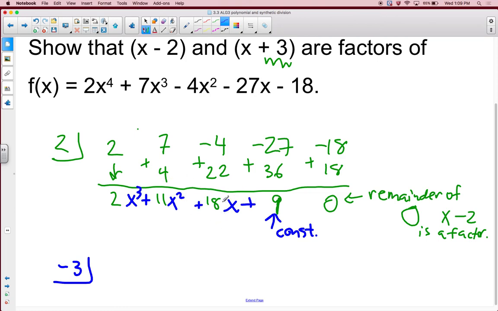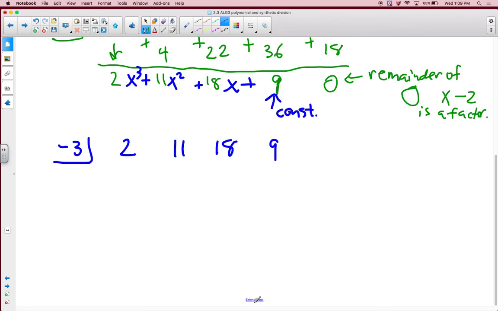Now we're going to test the x plus 3 with this cubic, meaning we're going to take all of these coefficients, the 2, 11, 18, and 9, and use those to see if negative 3 is also a factor.